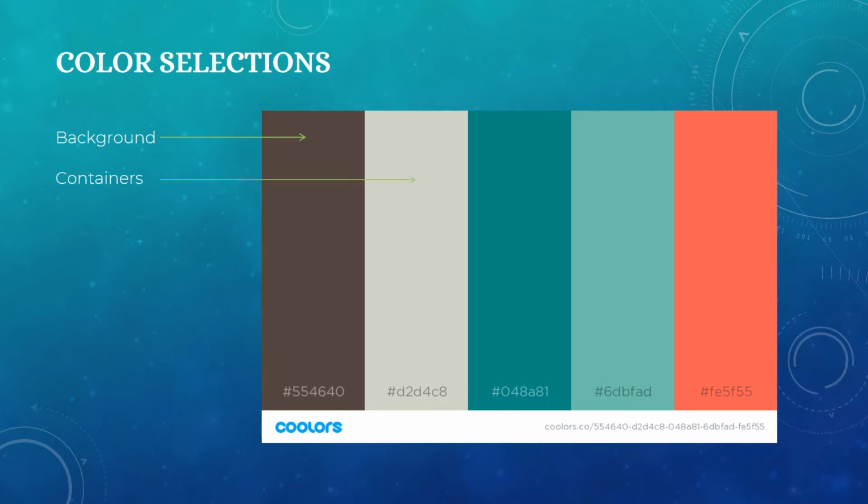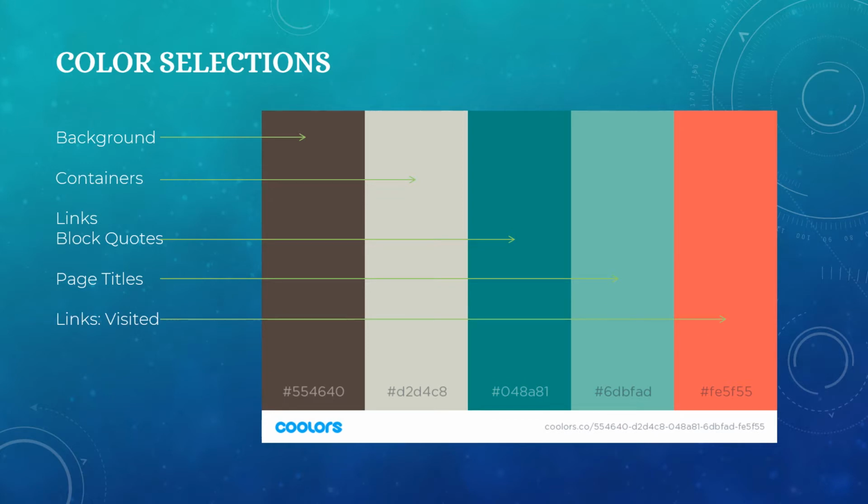And so that's why for the containers I used a light soft gray instead of a white. For the links and quotes, I've used this teal color, and then for the page titles I've used a lighter shade against that darker gray. And then once the links have been visited, they'll turn to this coral color.